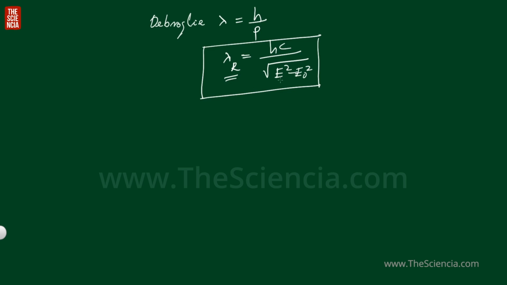What is that? Here I can replace E. We already know the total energy is equal to kinetic energy plus rest mass energy. So now I am going to substitute this value here.